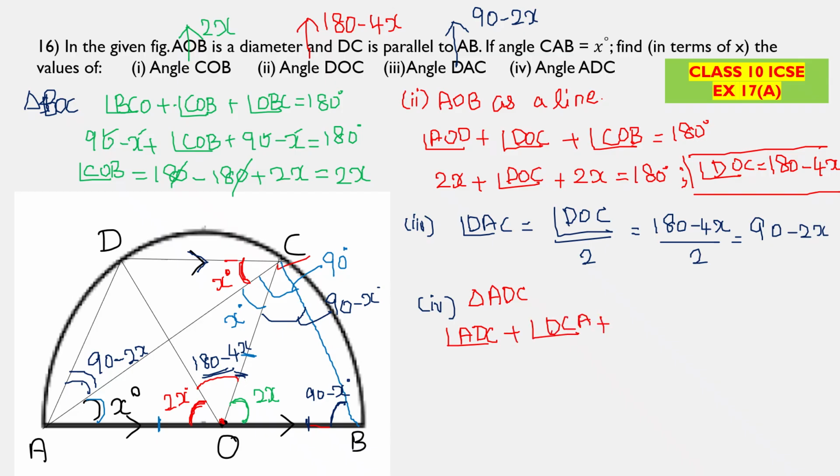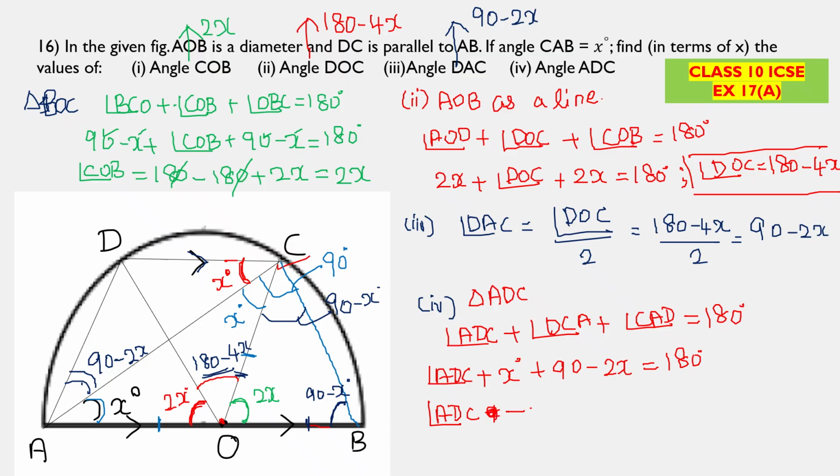DCA is x degrees, and CAD is 90 minus 2x, equal to 180 degrees. So ADC plus x minus 2x is minus x, plus 90 equals 180. We move minus x and 90 to the other side.